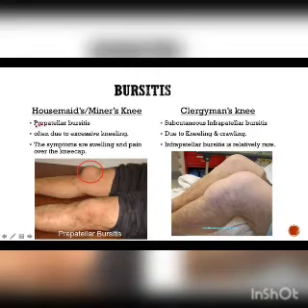Housemaid's knee is also known as prepatellar bursitis and it is often due to excessive kneeling. Whereas clergyman's knee is called subcutaneous infrapatellar bursitis. It is also caused due to kneeling or crawling. The symptoms are swelling and pain over the kneecap. Infrapatellar bursitis is relatively rare.